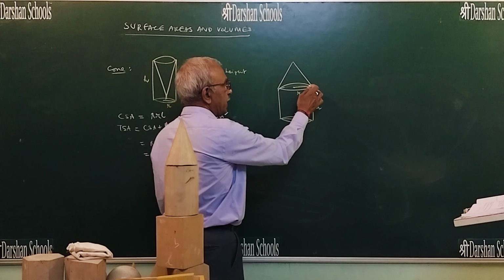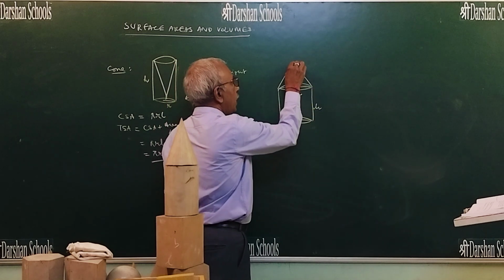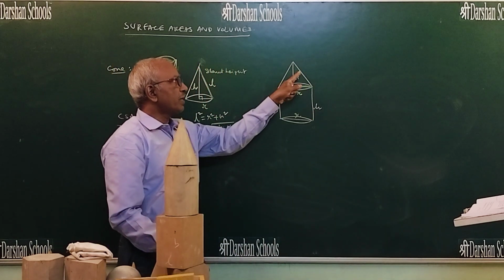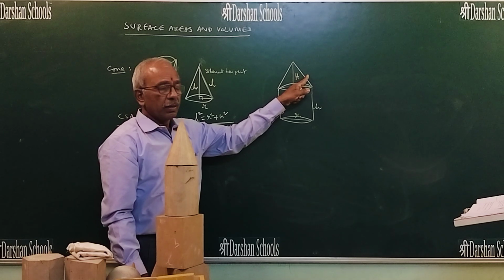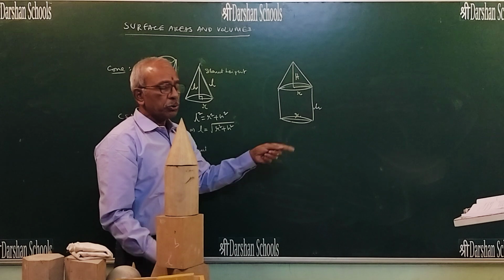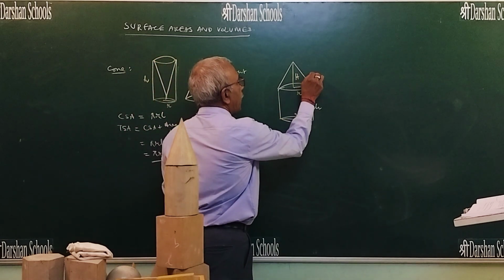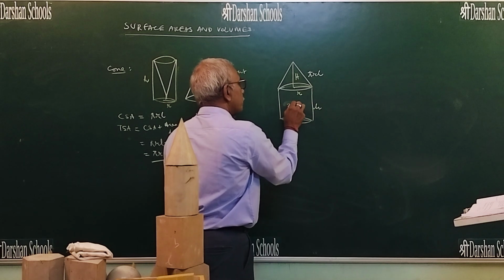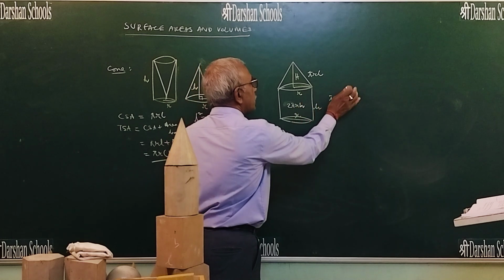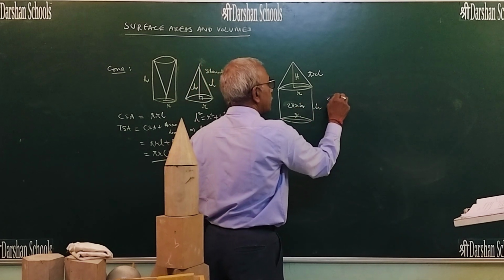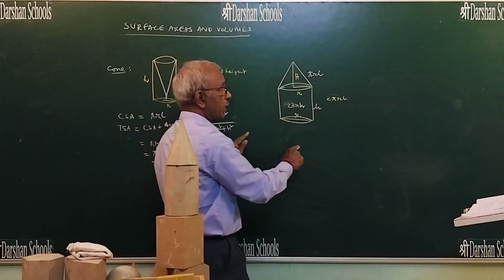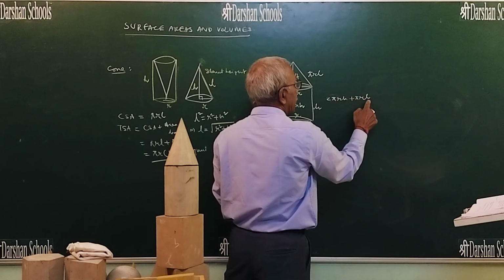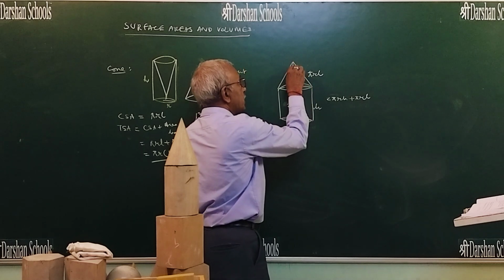Suppose the height of the cylinder is given, the height of the cone is also given. Here you can find the curved surface area using pi r L. Here you can find the curved surface area using 2 pi r H. So it is pi r L and this is 2 pi r H. This I am speaking about is the curved surface area of the entire solid: 2 pi r H plus pi r L. R is the same, L will be different because the height of the cone is different.